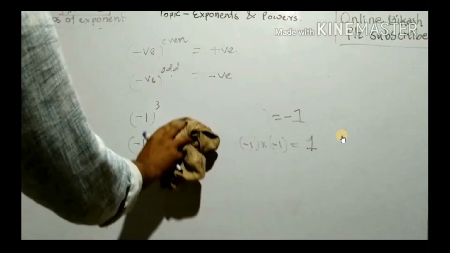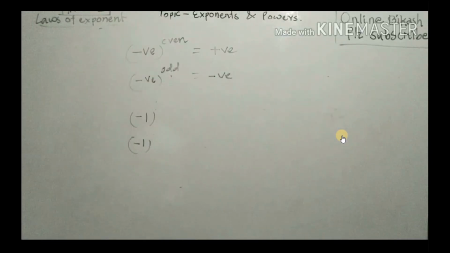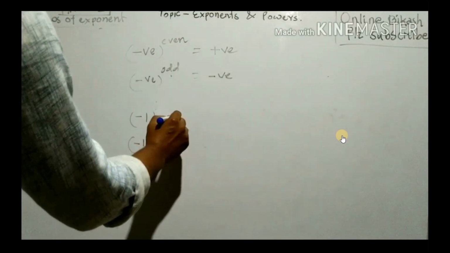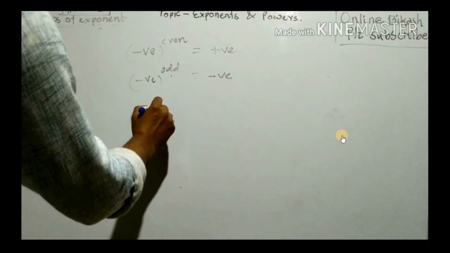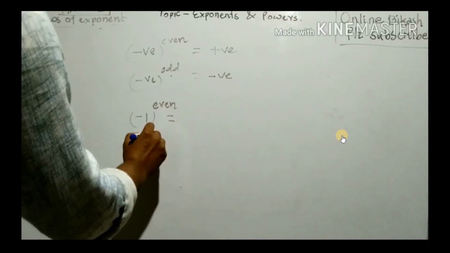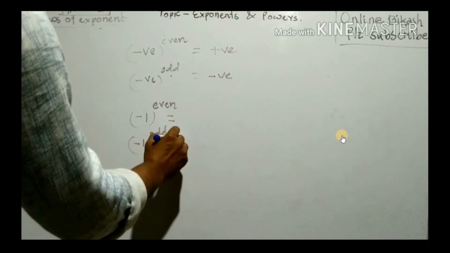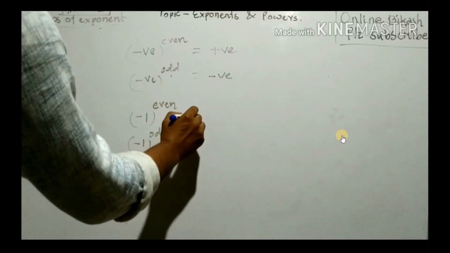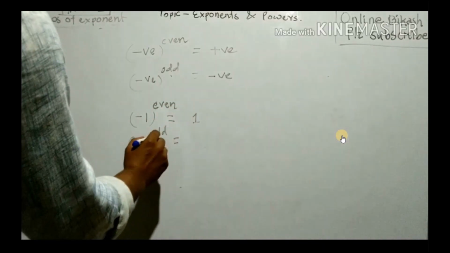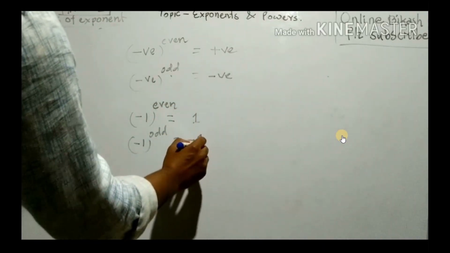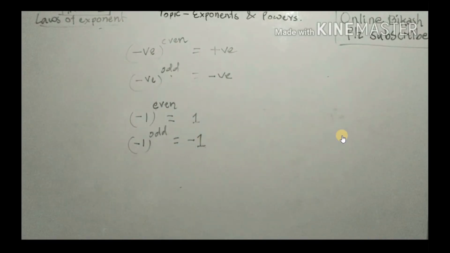So whenever the power is even, our answer will be 1, and in case of odd power, our answer will be minus 1. This is applicable only when the base is minus 1. Minus 1 to the power even is 1, and minus 1 to the power odd is minus 1.